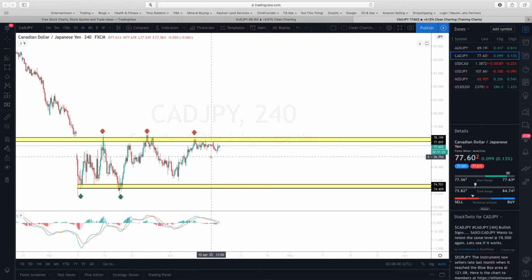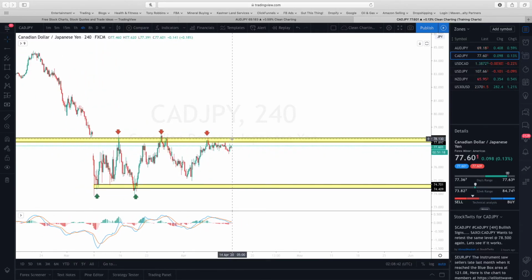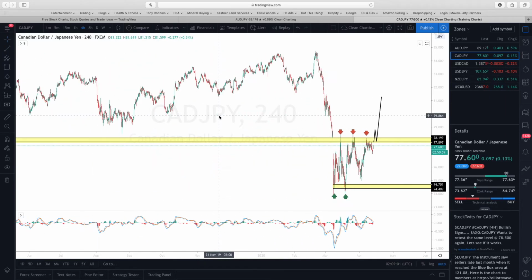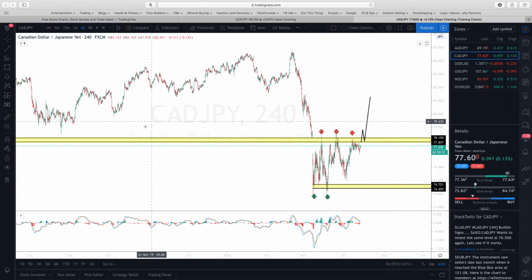But what we're looking for now is we're either looking for price to come back up here and reject and move back down, or we're looking for price to, with a strong move, break through the zone, sit patiently, wait for a retest of the zone, and then move up higher to the next zone. So what we'll do is we'll zoom out here, and we'll try to find our next zone.